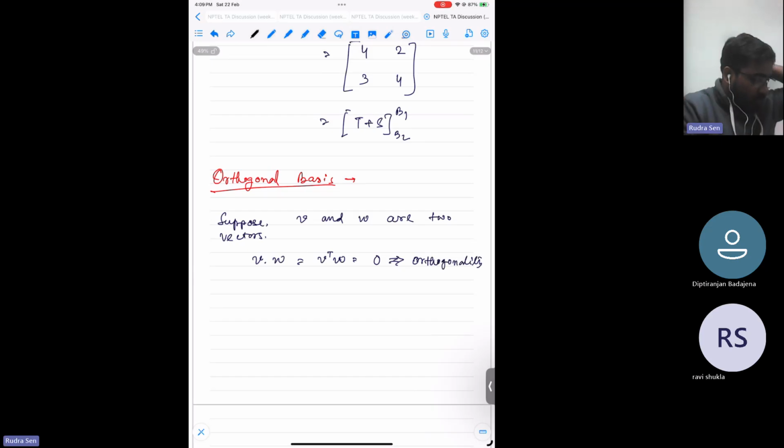That means these two vectors are orthogonal to each other. If the vectors are orthogonal, then the Pythagoras theorem is satisfied, that is, norm of V squared plus norm of W squared is equal to norm of V plus W squared.